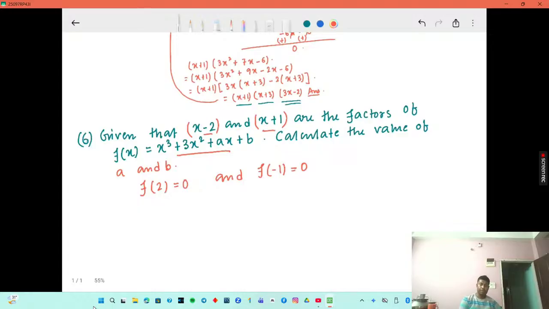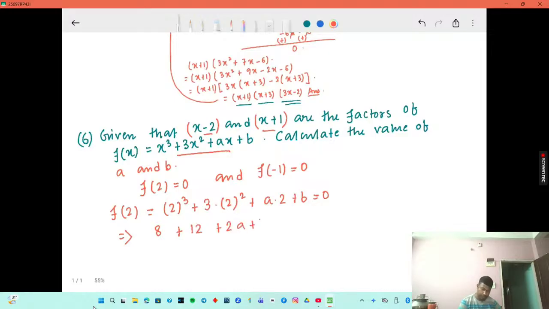So now we have to put the value. So f(2) is equal to 2 cube plus 3 into 2 square plus a into 2 plus b is equal to 0, that is 8 plus 4 into 3, 12, plus 2a plus b is equal to 0, that is 20 plus 2a plus b is equal to 0.